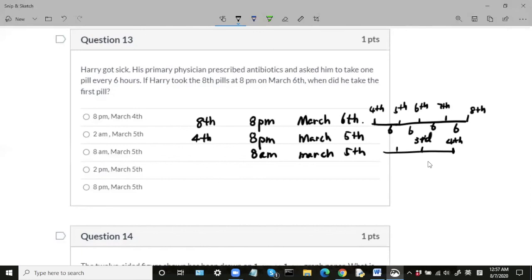We have the 4th, then the 3rd, then the 2nd, with 6 hours between each. So that is the 2nd time to take the pill. Then the first time would be 2 a.m. March 5th, which is B. The answer is B.